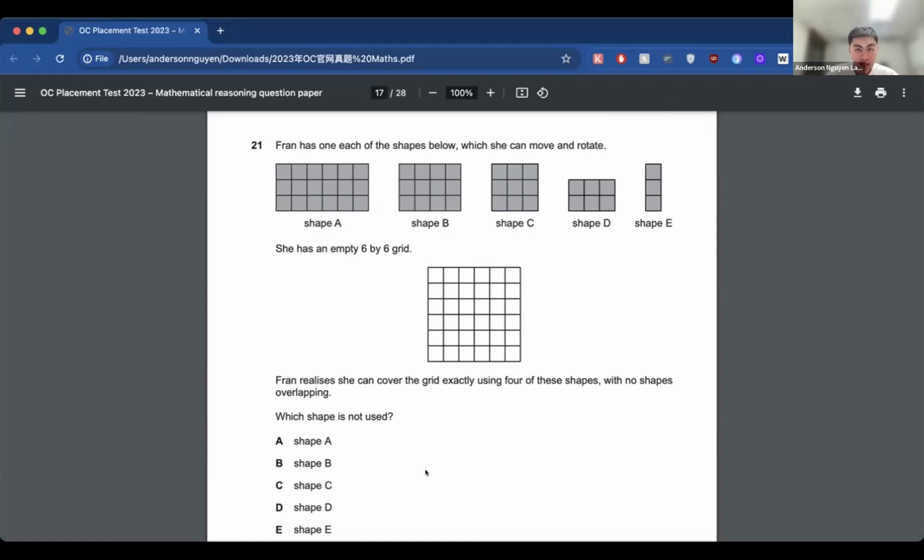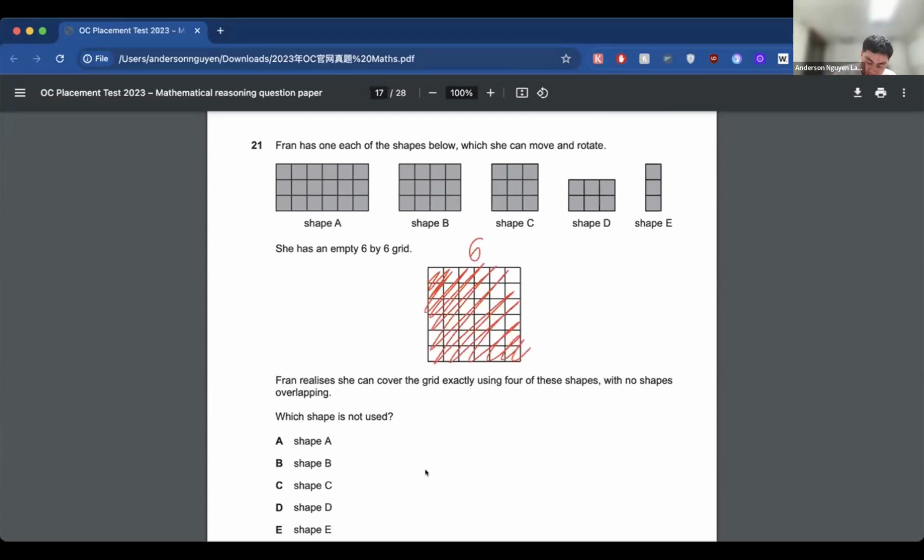Now, you can certainly try that out, guys, but there was an extra approach that you could take here. If you're going to fill up the shape, of course, you need 4 shapes that when you add up all the squares should make up the total squares in the 6x6 grid. How many squares do you need altogether? Well, that's a matter of area, since adding up all of the squares in the grid is the same as area.